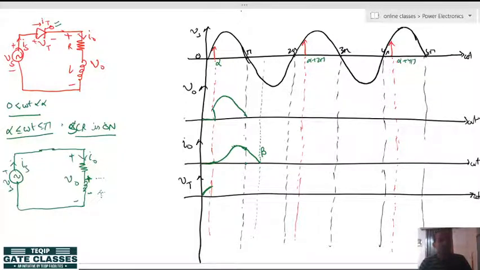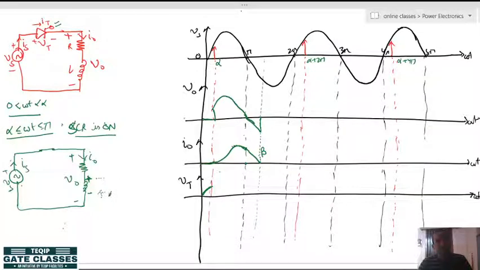So when the thyristor remains turned on forcefully, what will happen? From pi to beta, the cycle has reversed, but the load is still following the source. So if the source has become negative, then obviously that negative voltage will appear across the load till the beta point.